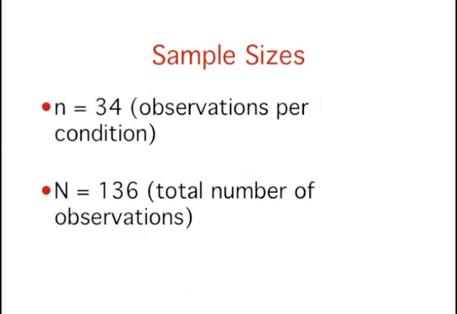The first calculations in this section all assume that there is an equal number of observations in each group. We will refer to the number of observations in each group as lowercase n, and the total number of observations as uppercase N. For these data, there are 4 groups of 34 observations. Therefore, lowercase n equals 34, and uppercase N equals 136.